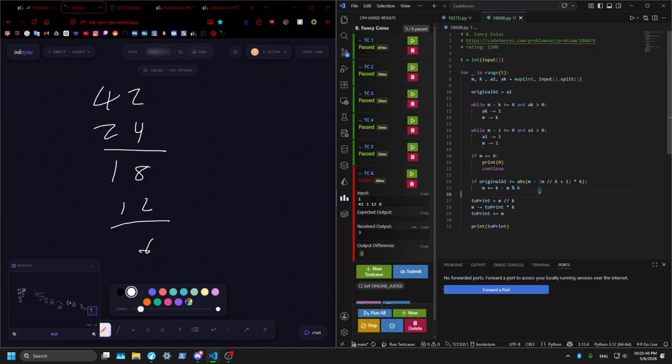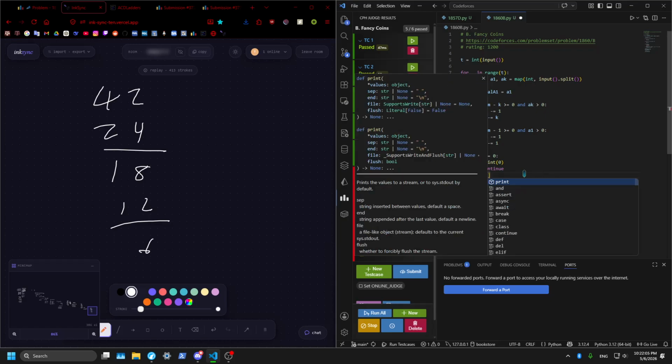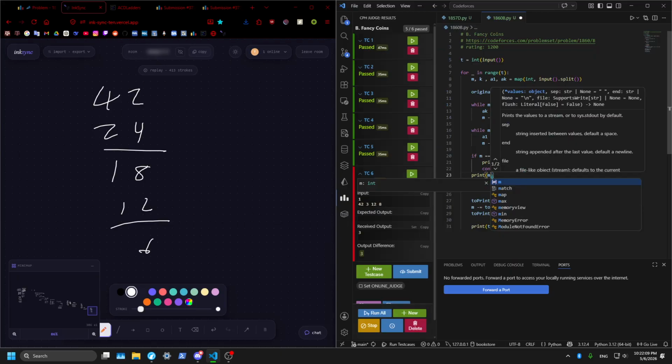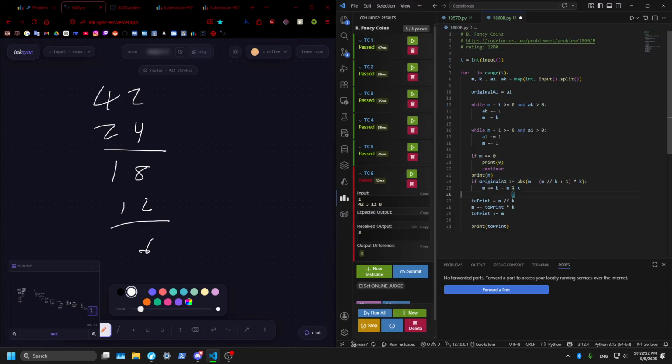Now we don't want to rebalance at all. Case 3. Actually, even after rebalancing, it's the same, no?